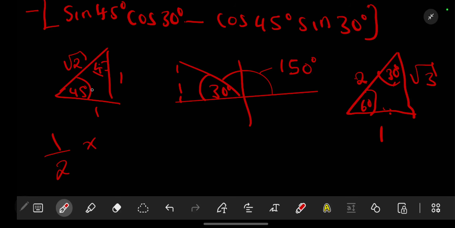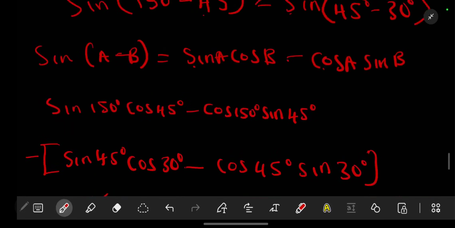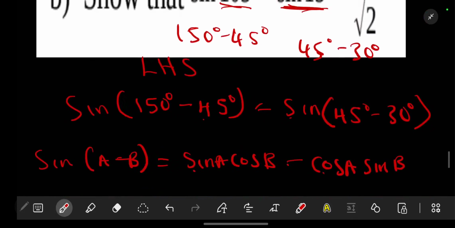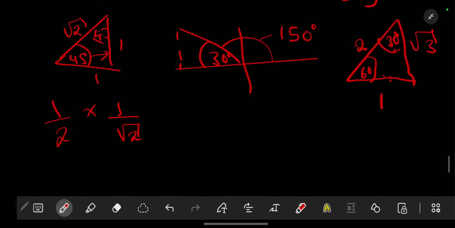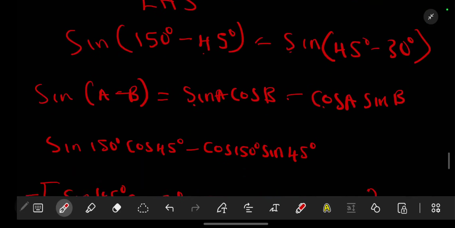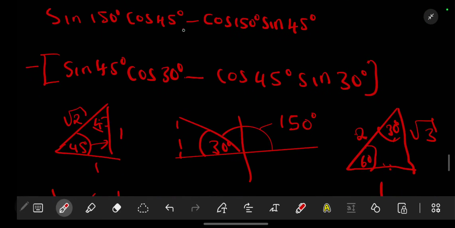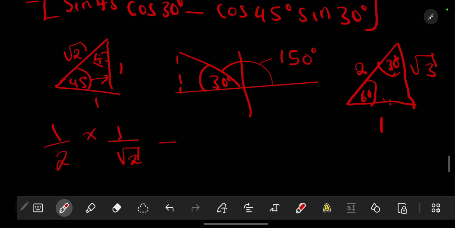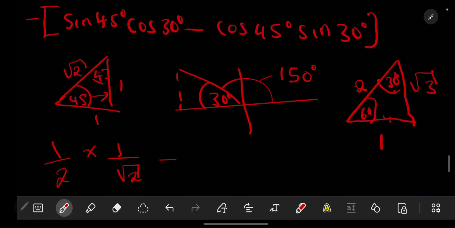So this cos of 45 will be the adjacent side, which is 1, over the hypotenuse, which is this value, the root of 2, like that. You can watch a special angle video if you don't know how to come up with these angles. So we are here minus, what is our cos of 150?